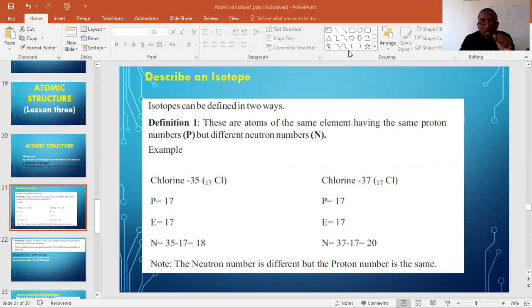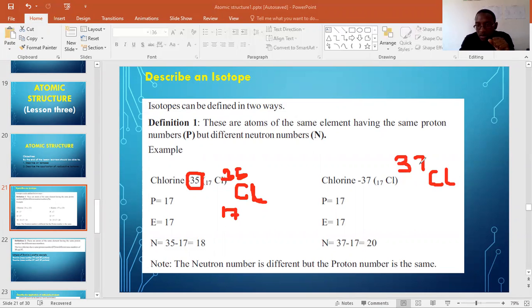So this chlorine has a mass number of 35. It's Cl with 35 on top and 17 down there. This is a small letter l. Then the other one is Cl with 37 on top and 17 down there.